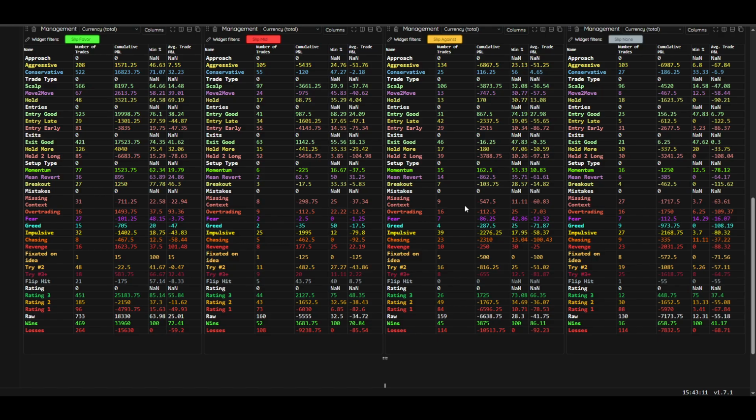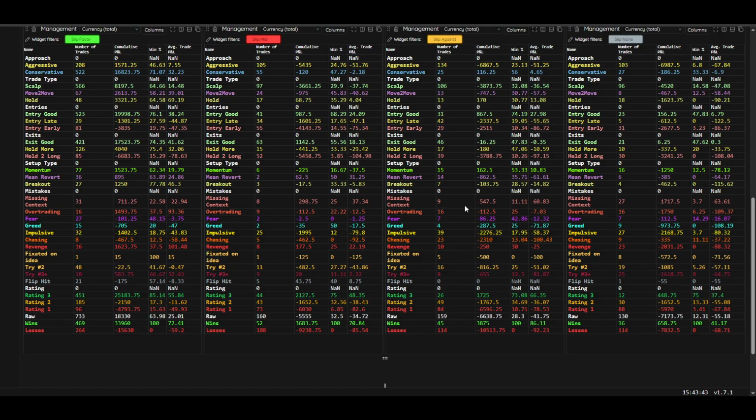Ideal entry. It's really choppy. It's a short. Against a little bit. The market is so long.